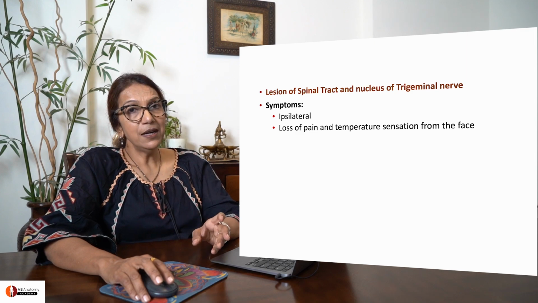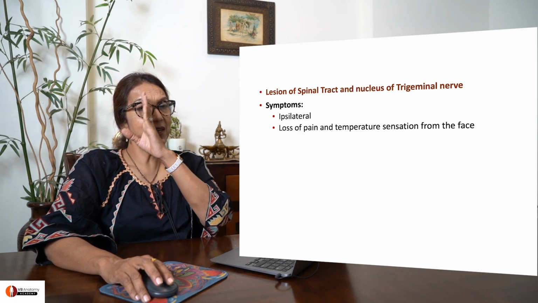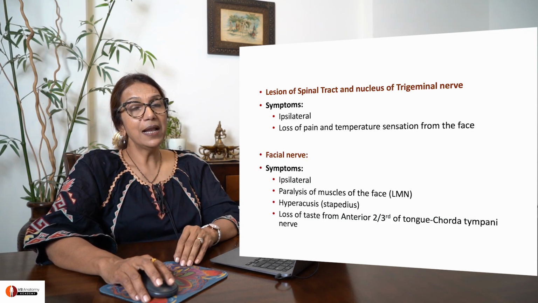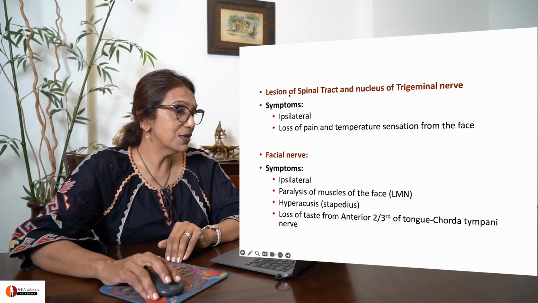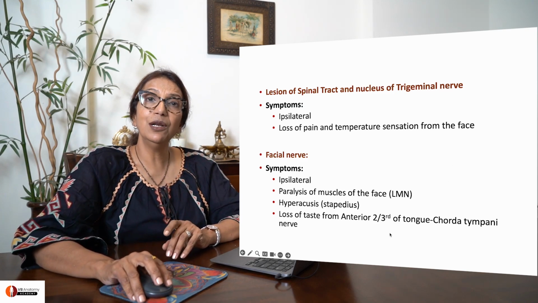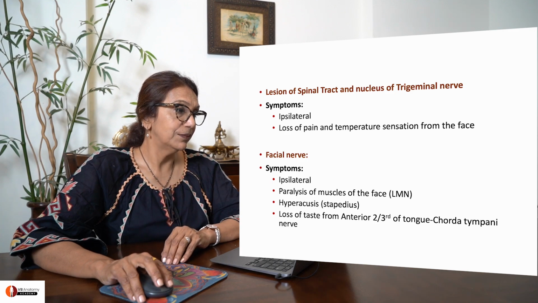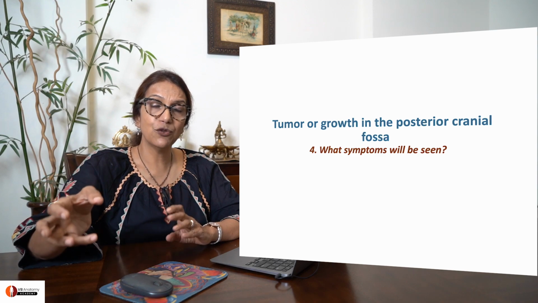Patient will have spinal tract and nucleus being affected, so ipsilateral loss of pain temperature from the face. Facial nucleus paralysis, ipsilateral paralysis of muscles of the face. Okay, so all this is again a lower motor neuron type of lesion. So this is Cerebello-Pontine Angle Syndrome.